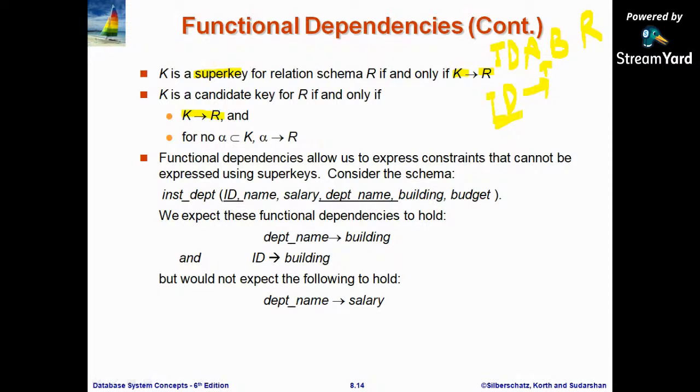It says that ID is going to uniquely identify each and every row present in table R.